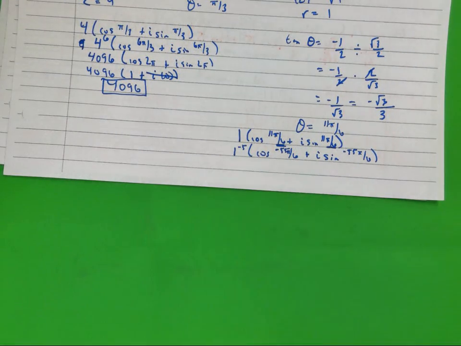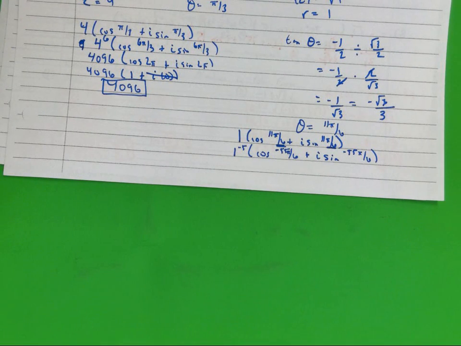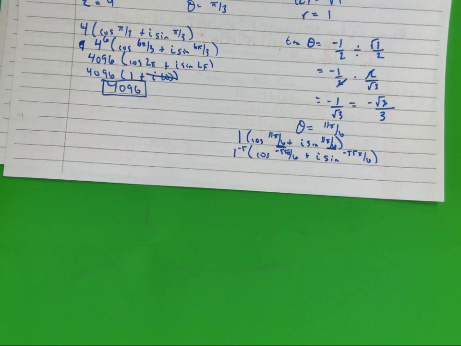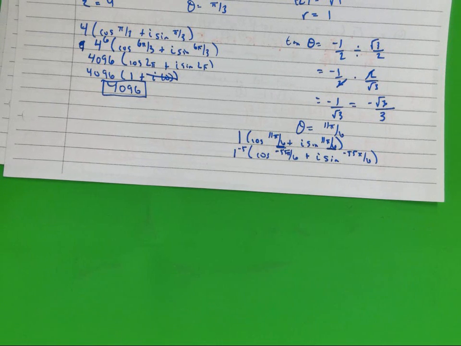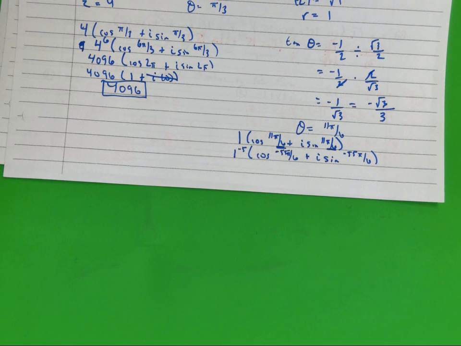Now, when you have 1 raised to a negative number, do you really have to worry about that? No. Because that's going to be 1 over 1 to the 5th, isn't it? And what is 1 over 1 to the 5th equal to? 1. It's not negative 1, because that negative 5 just means you put it in the denominator. Don't change the sign. Does everybody understand that? So it's 1, so that's easy.